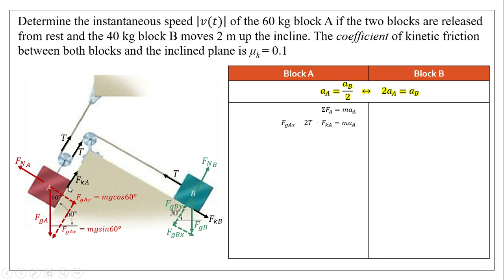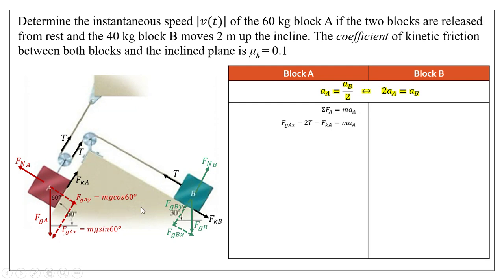You have F of K A pointing up the ramp, and then you have two T's pointing up the ramp. So in this case, I have F of G AX, which is what's causing block A to accelerate downward, and then I'm going to subtract two T's because according to this pulley, I have a T there and a T there, so that's two T's. And then I have an F of K that's due to friction, which is opposing it. So I have 1, 2, 3 arrows that are acting against block A's motion.